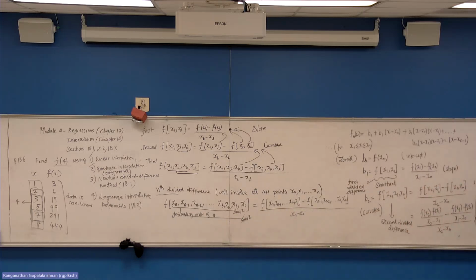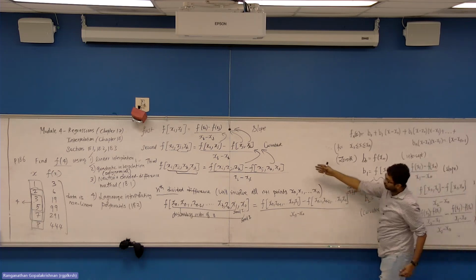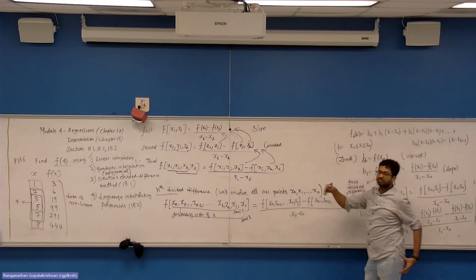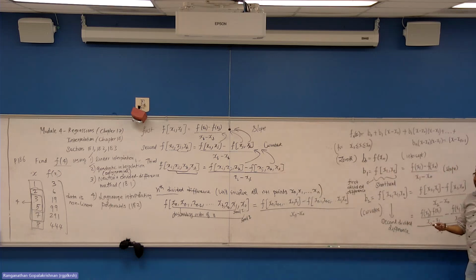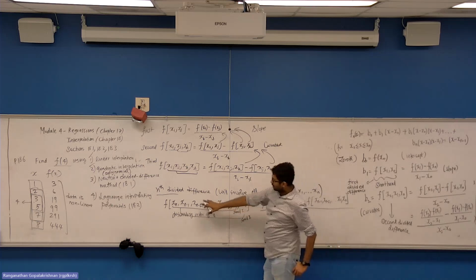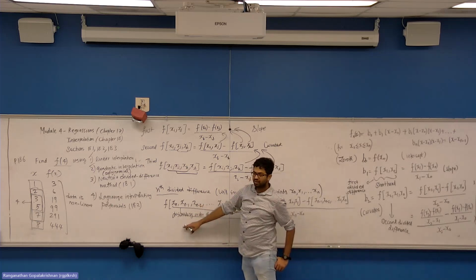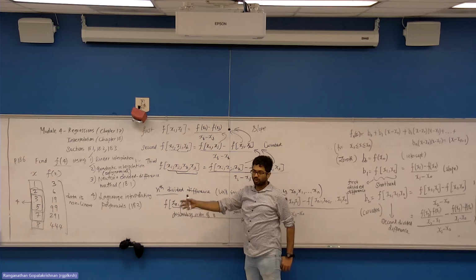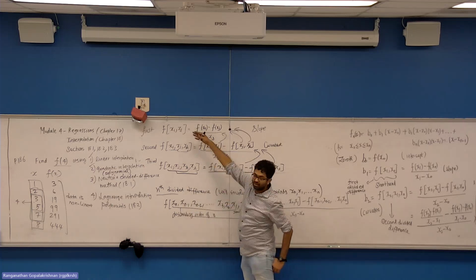As you can see, this sort of formula, a formula that is a formula into itself, is best suited for programming. If you write a subroutine that calculates this nth divided difference, after that all you have to do is set n equals 4, 3, 2, 1 and you will recover all the previous values.